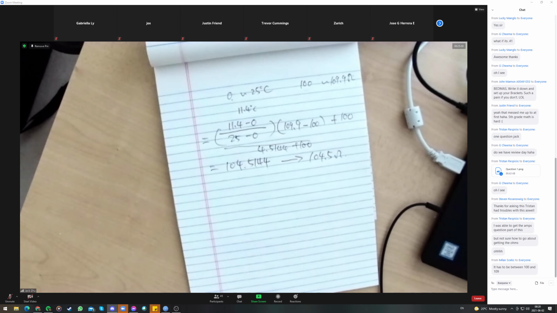Or another way to see it: 11.4 degrees is between 0 and 25, so the resistance will be between there. So for this question, even if you don't do the calculation, you can just choose a number in between. Sometimes it's a little bit tricky.